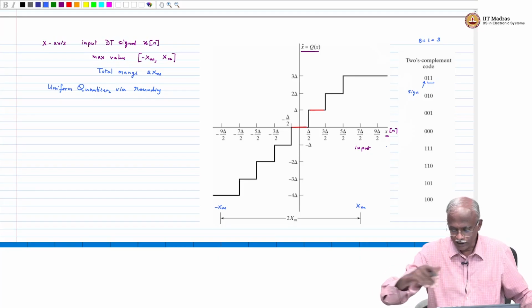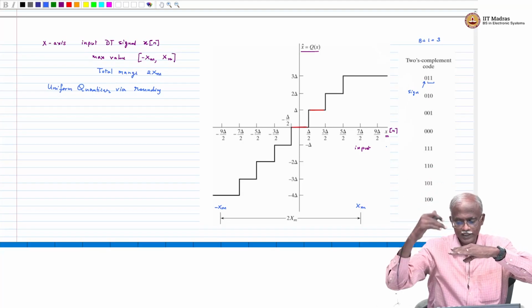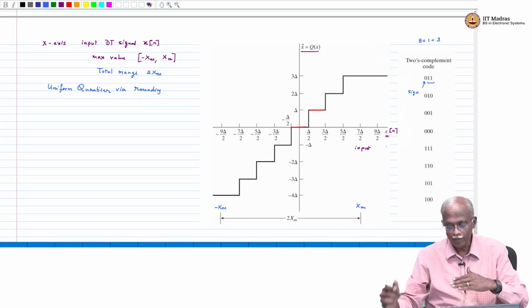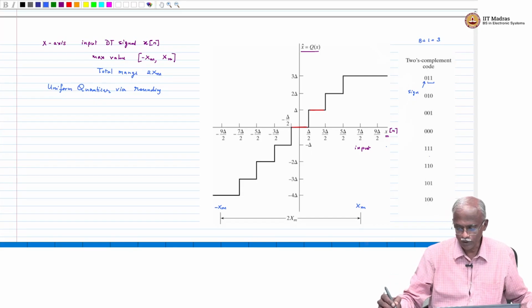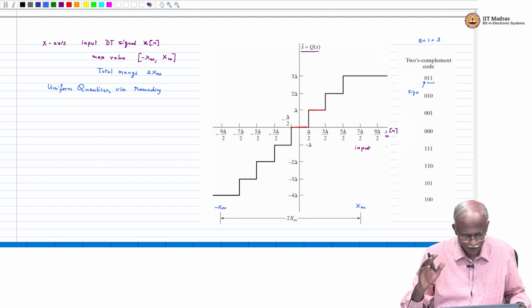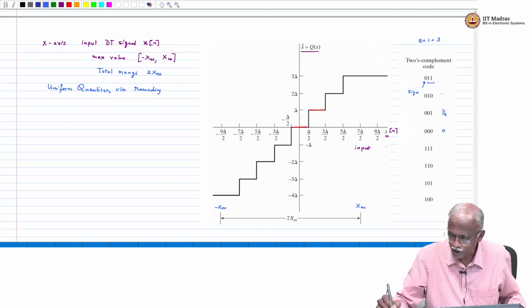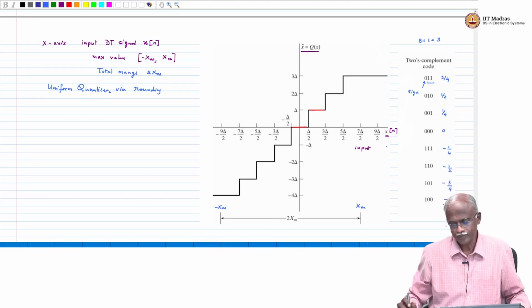The levels are 0 0 0, then 0 0 1, 0 1 0, 0 1 1. On the negative side, because it is 2's complement, you will get 1 1 1, 1 1 0, 1 0 1, 1 0 0. If you want to write it in terms of fractions, which is sometimes helpful to visualize, think of these as 0, 1/4, 1/2 and 3/4, and these as -1/4, -1/2, -3/4 and -1.